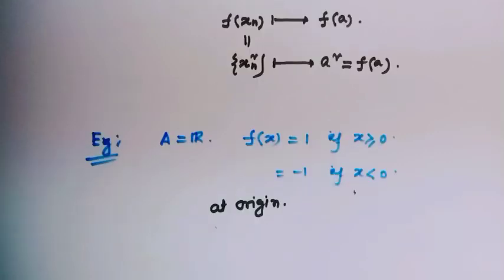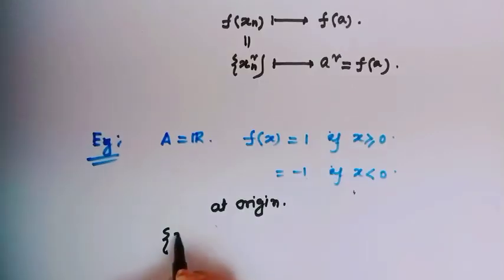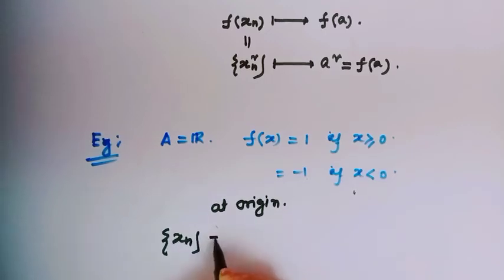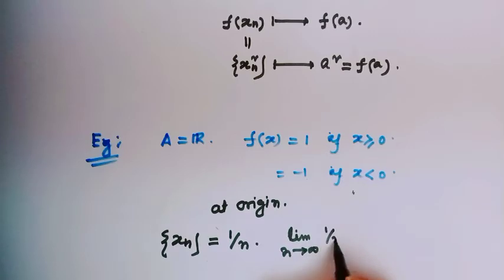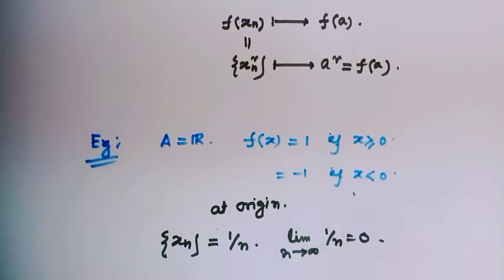At first, consider a sequence xn equal to 1 over n. Then limit n tends to infinity 1 over n equal to 0.